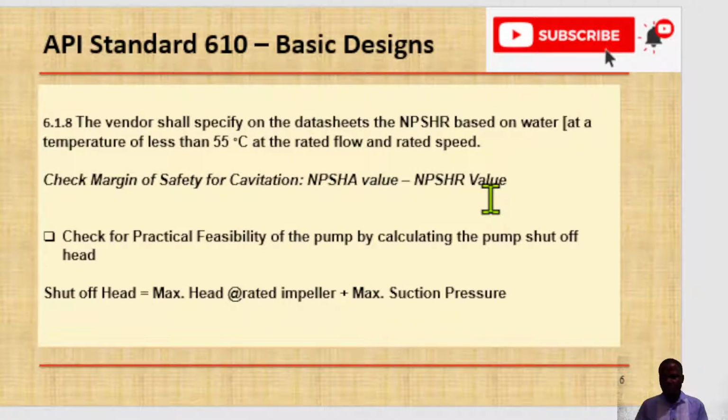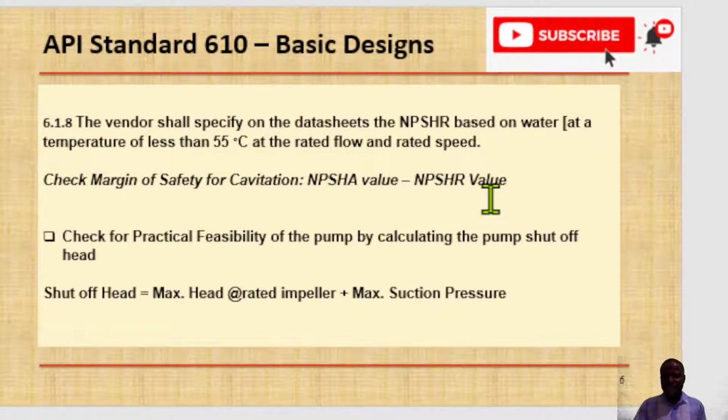If you are yet to listen to the pump shut-off head explanation, you can check through the YouTube channel for the session on shut-off head and the pump head calculation. So during the technical evaluation, another thing you have to check for is the practical feasibility of the pump by calculating the pump shut-off head. Now the question is, how do you calculate the pump shut-off head?